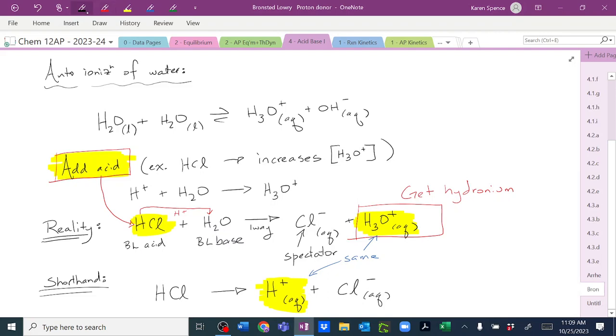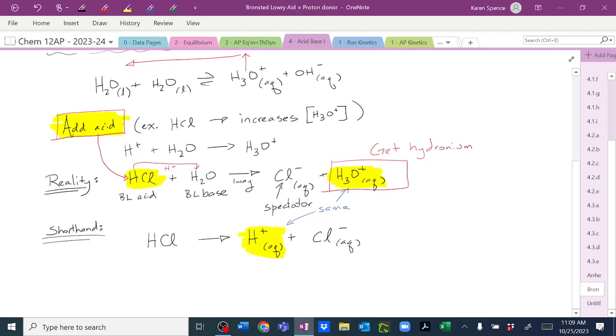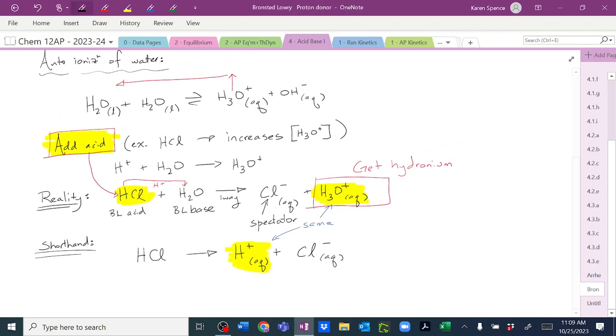It's going to shift it to the left. So the hydronium ion concentration increases. That's going to shift it to the left. So number one, we add an acid.